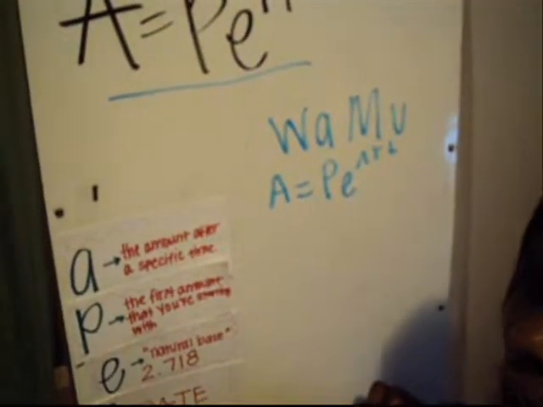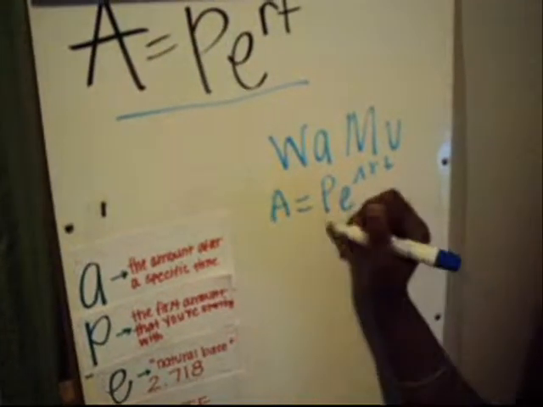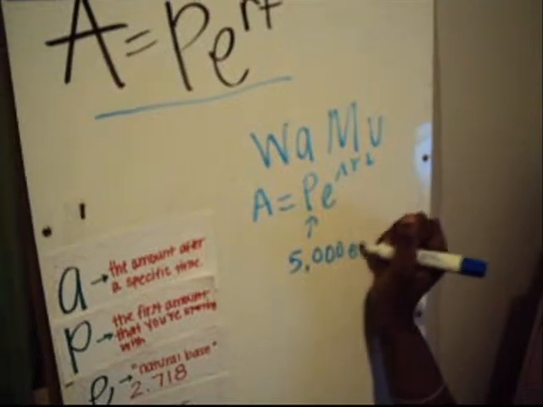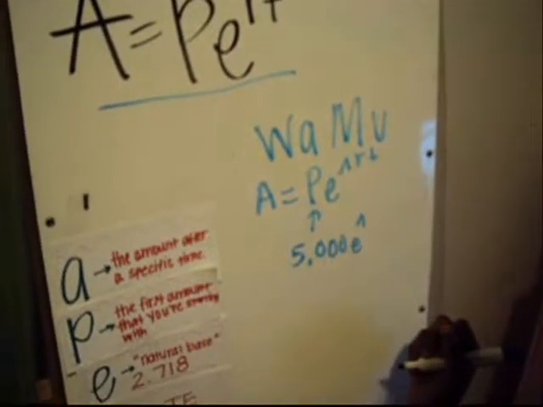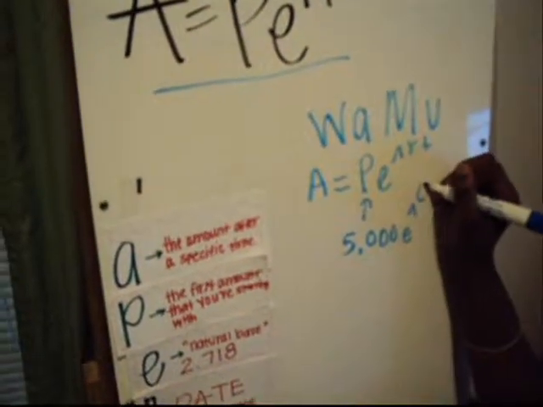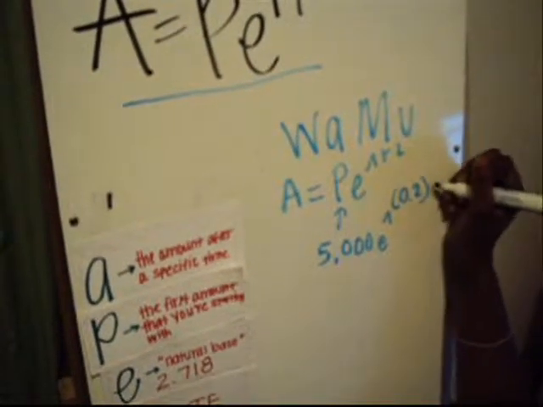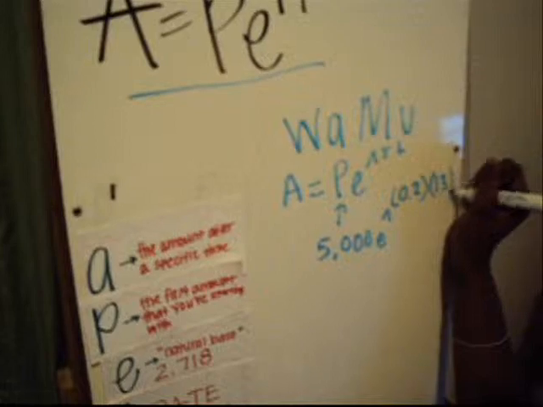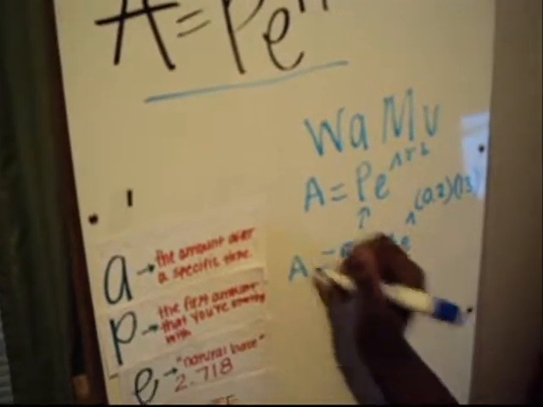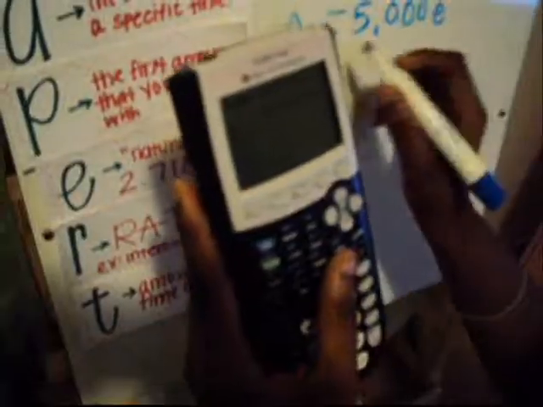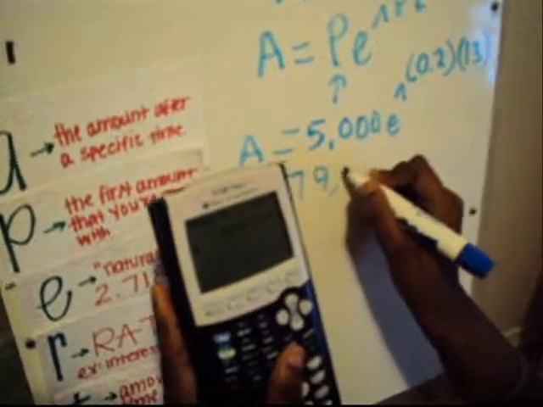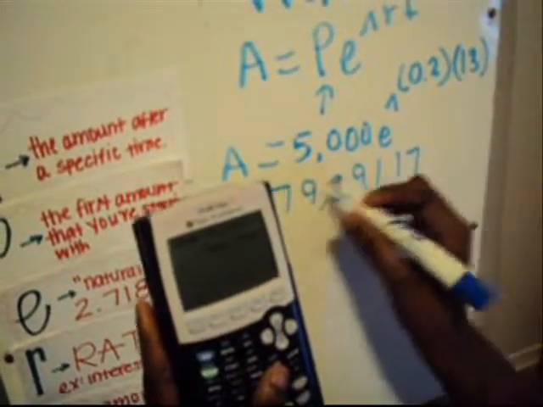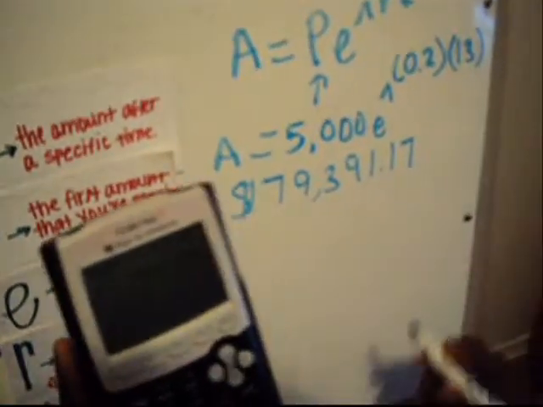In the question, it says 5,000 is what you invest, so that will be your P. Your interest rate for WAMU is 20%, while the time is T, 13 years. Now if you solve that, you should get $79,391.17. That's for WAMU.